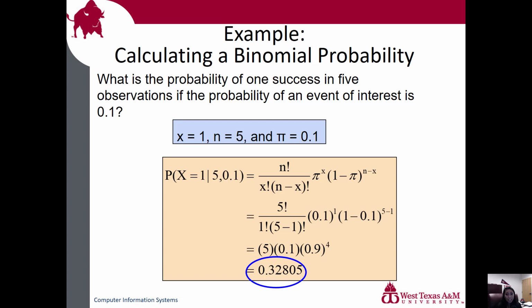So what's the probability of one success if I were to test 5 people? Well, using this formula, I would get 0.32805. So the probability that I would get one successful test if I were to test 5 people would be 0.32805.